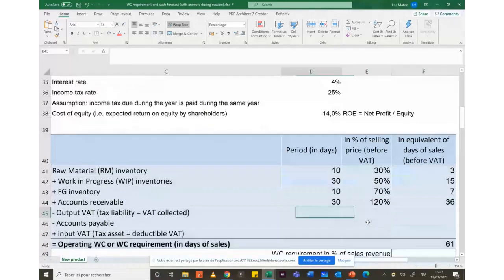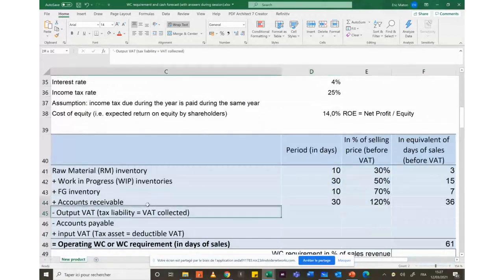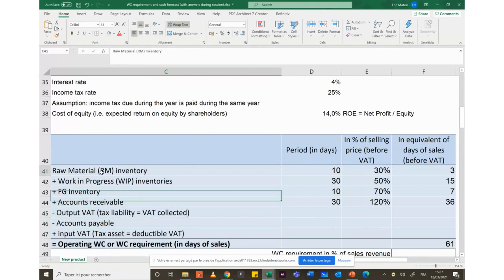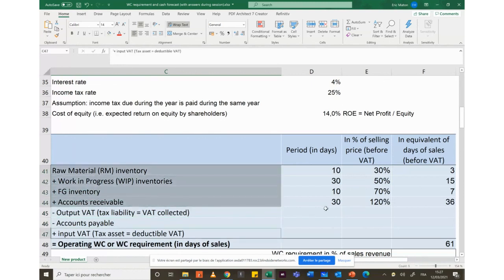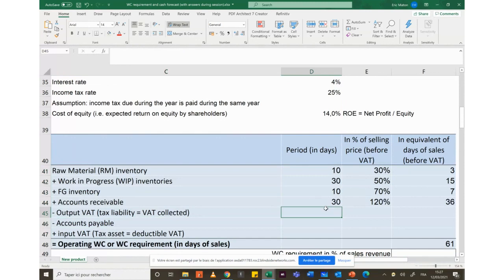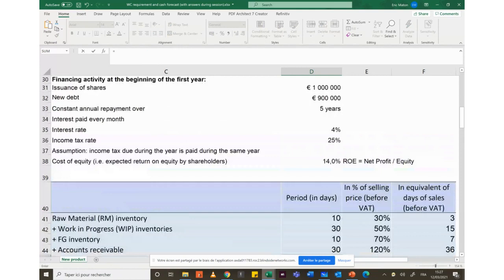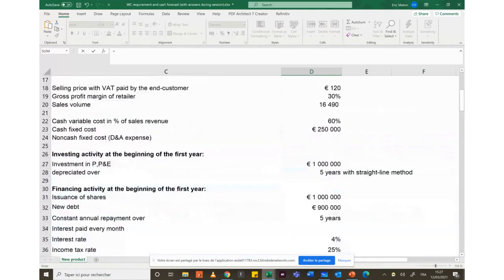And now we deduct the VAT collected. Because of this, we create some tax liability. We are in the liability, so it's in minus. When it's in the liabilities, it's minus. When it's in the assets, it's plus. So the VAT is given to the state, we say, the 20th of the next month.